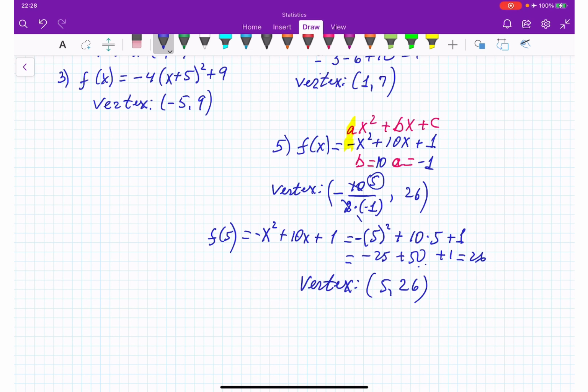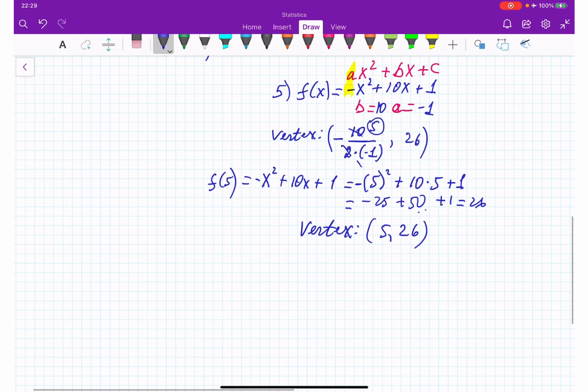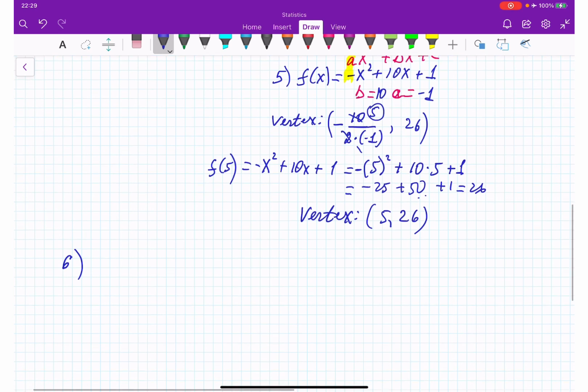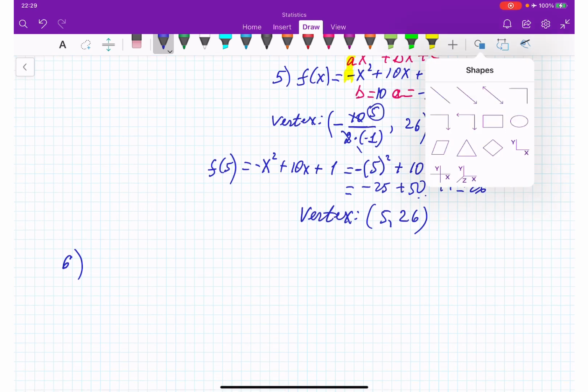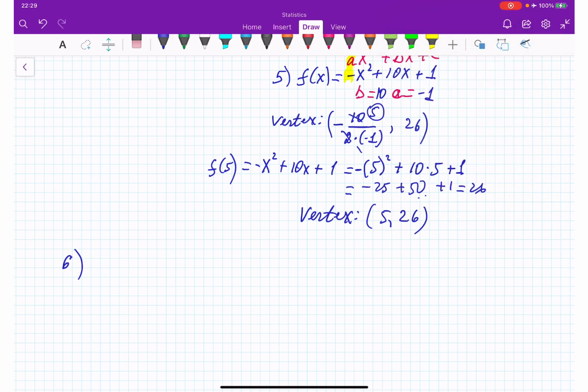Question number 6. We are given a graph.